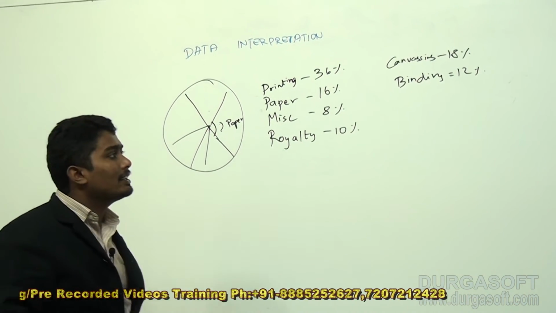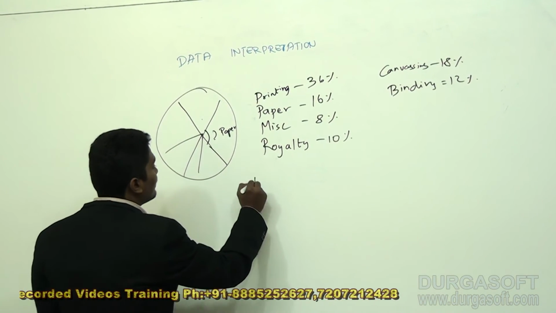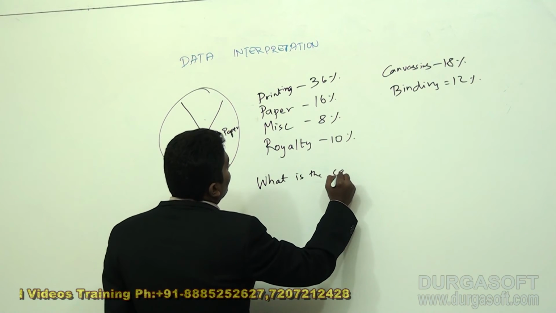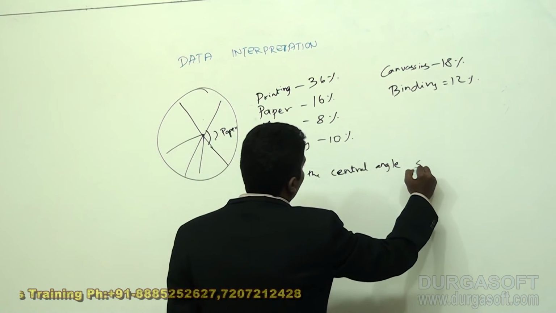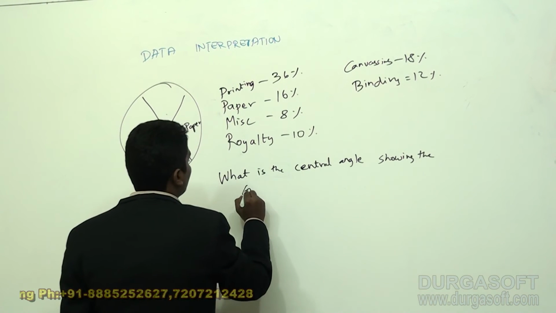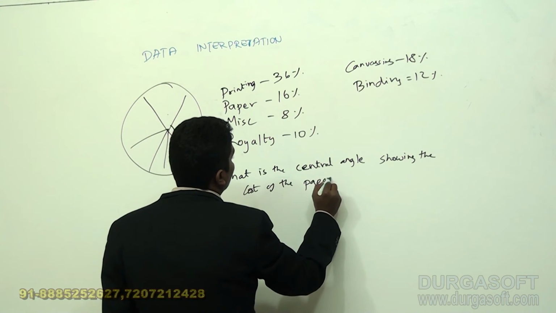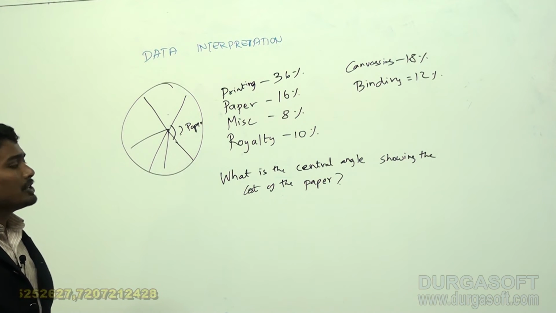The question states: what is the central angle showing the cost of the paper? This is the question given.